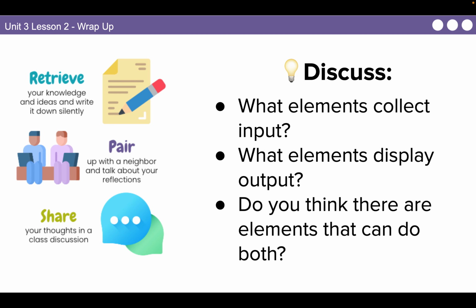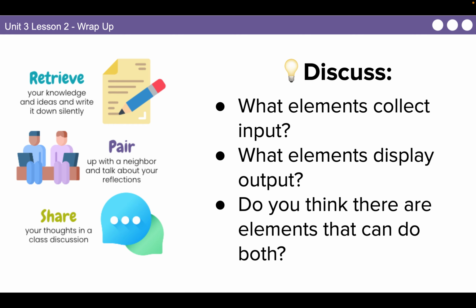What elements that we looked at collect input? Well, we had buttons and we had text inputs and various things like that. Output might have been an image or maybe even a text area. We'll see more about this later. And there are some things that could do both. We could make a button that allows us to click.